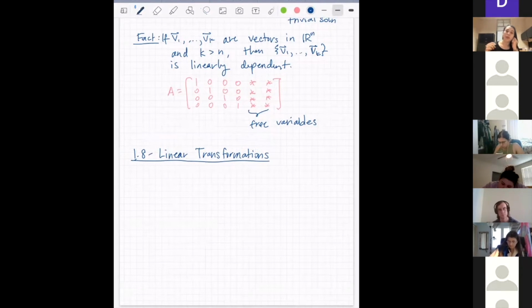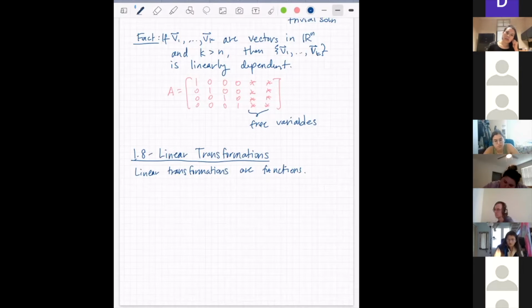Linear transformations are functions. First of all, these are just functions with a special property.